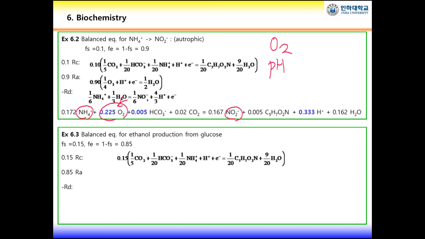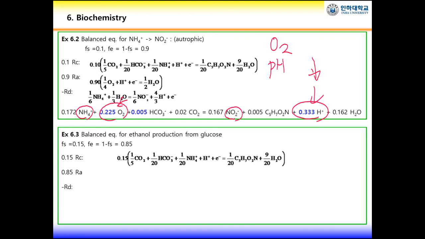Is it going to increase or decrease? If you look at this, 0.17 molar ammonia produces about 0.33 moles of proton. From that, we can estimate that the pH will drop, right?